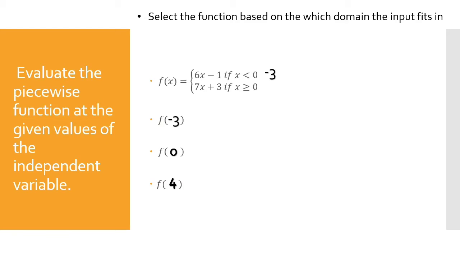So I'm going to pick the equation that has if x is less than 0. So we're going to end up using 6x minus 1 and plugging negative 3 in as my input. So let's put the input in the selected function. 6 times negative 3 is negative 18 minus 1 is negative 19.